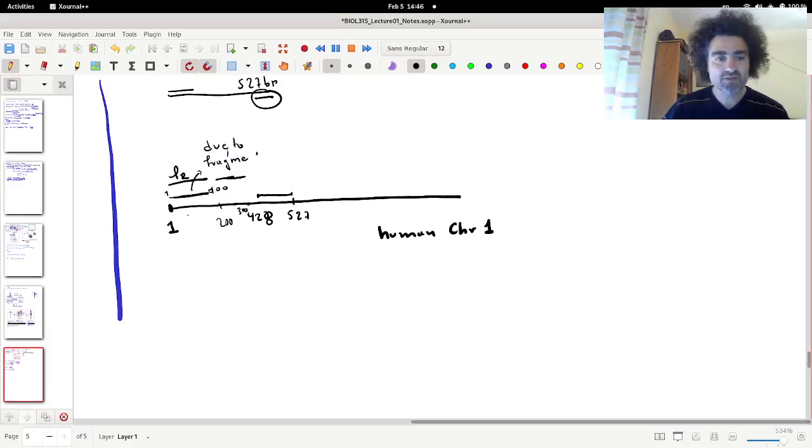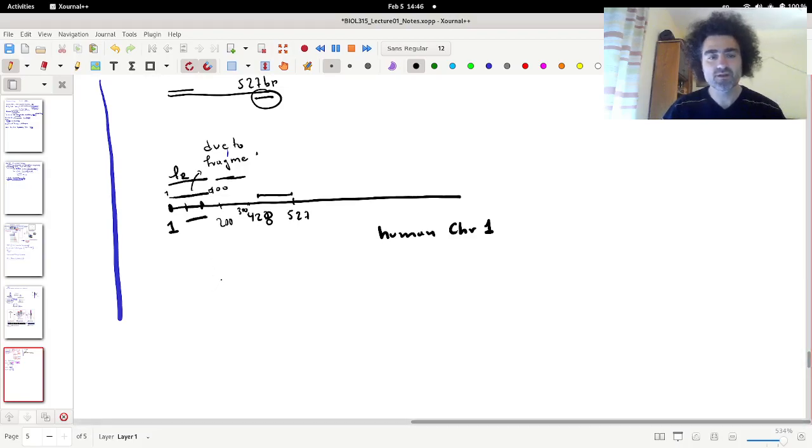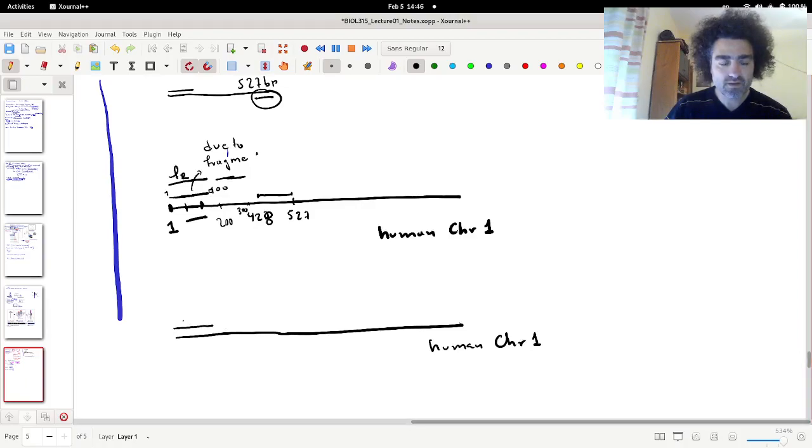And then from fragment 3 we read from 50 to 150, I said, so this piece of DNA here is from fragment 3, and so on. So if we put all together, if we have human chromosome 1, we have read something like that.